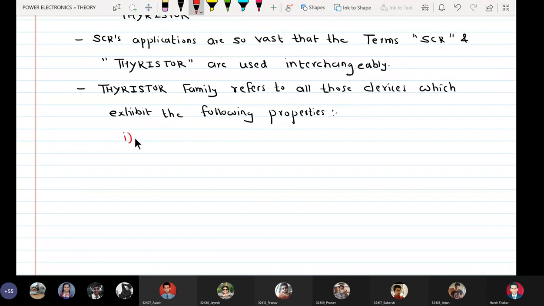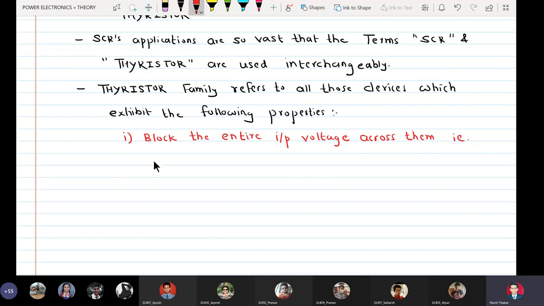First, block the entire input voltage across them.